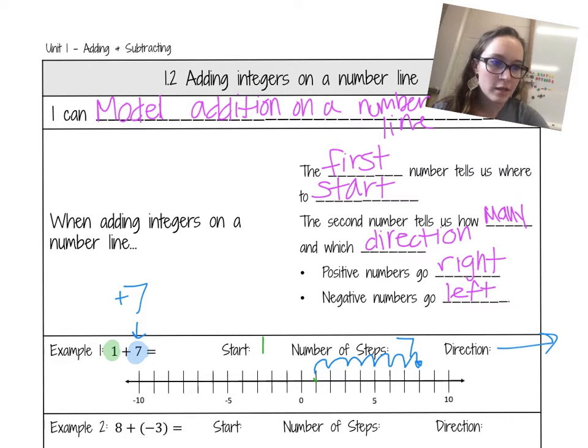That puts me right here. So that's where I'm going to put my dot, is where I land. Which I can count as 5, 6, 7, 8. Remember to box that answer, right? And we already knew that 1 plus 7 was 8, but we're going to practice using a number line.